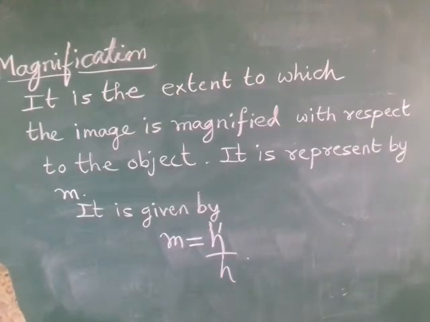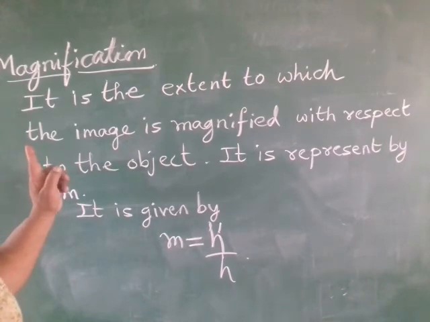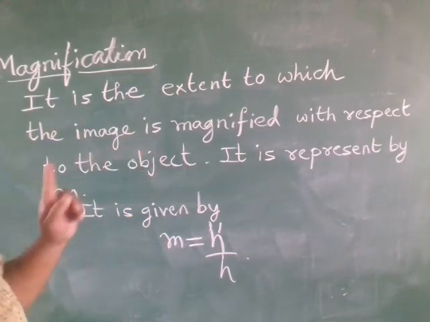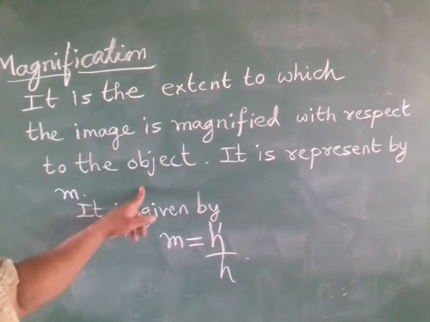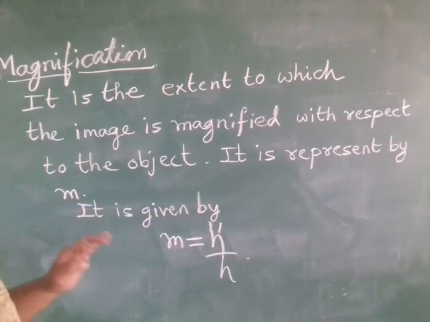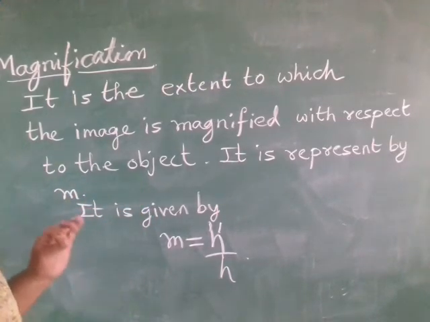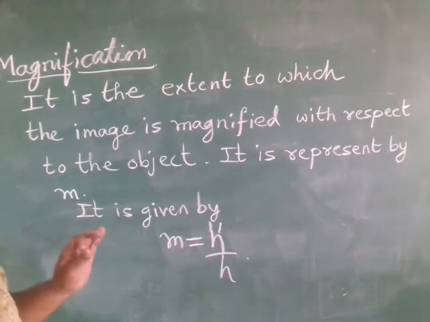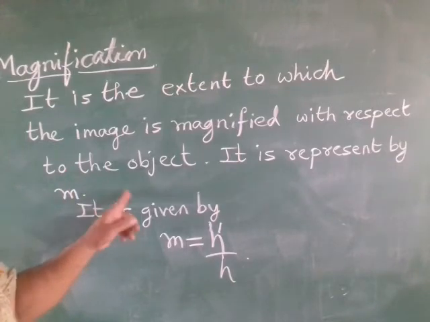Now let us see the meaning of magnification. Magnification is the extent to which the image is magnified with respect to the object.